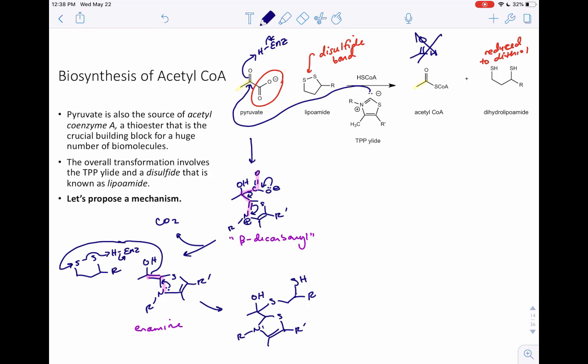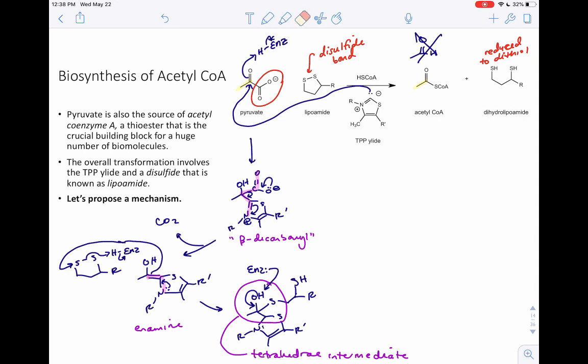And now what we've made is a tetrahedral intermediate. I know it's super hard to see in the complicated context here, but this is a tetrahedral intermediate, and you know what they can do. They can collapse to reform carbonyls. So just like it happened before in the acetaldehyde synthesis, we're going to have the enzyme come and accept that proton. The electrons from the OH bond reform the strong CO double bond.